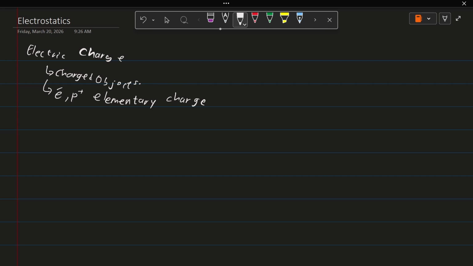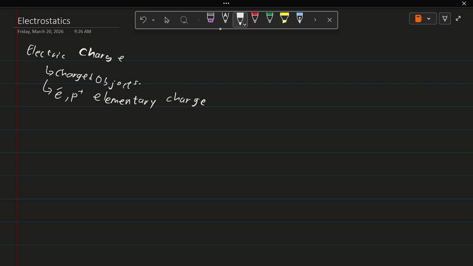And these electric charges are scalars, and they go from negative values to positive values. That will be discussed later when we talk about Coulomb's law, as to how different charges attract each other. But we see that charged objects and these elementary charges are what constitute certain behaviors throughout our physical world.